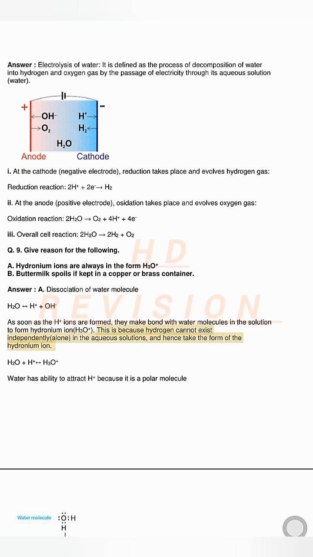This is because hydrogen cannot exist independently, alone, in the aqueous solutions, and hence takes the form of the hydronium ion. H2O + H+ ⇌ H3O+. Water has the ability to attract H+ because it is a polar molecule.